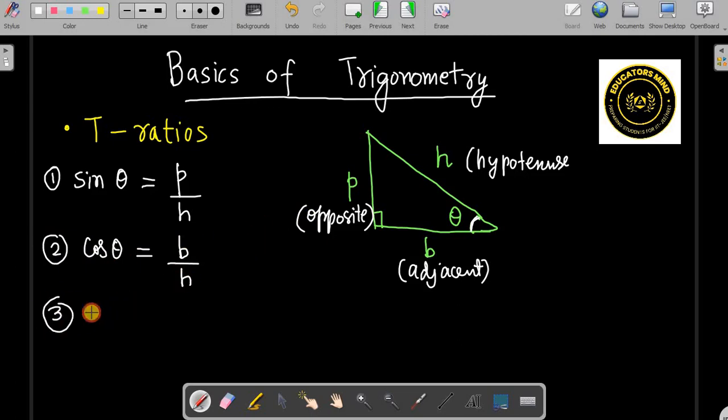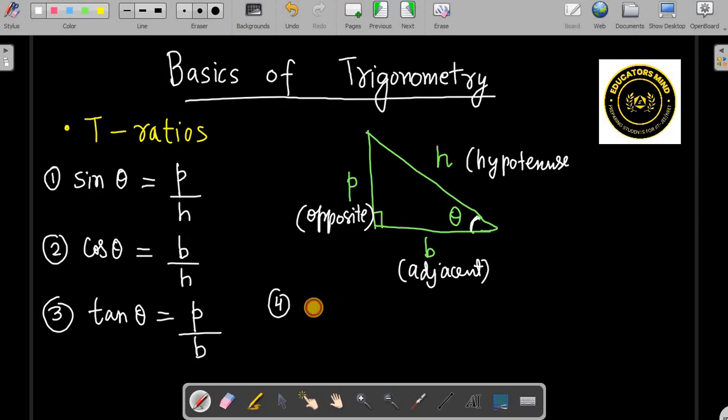Third is tan theta, defined as P by B, perpendicular by base. So these are the basic 3. Then there are other 3.